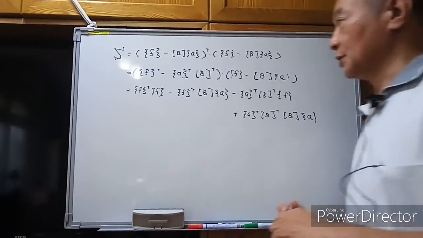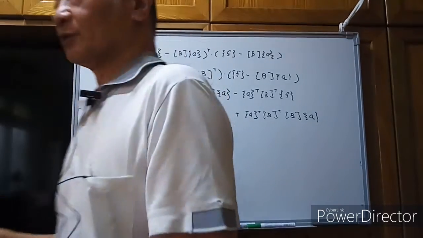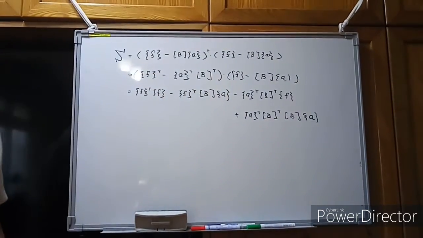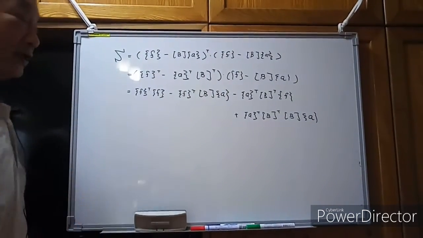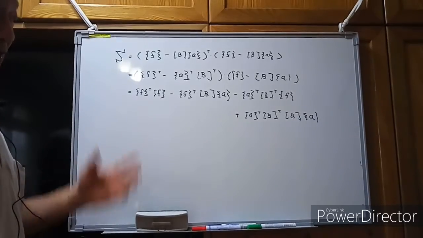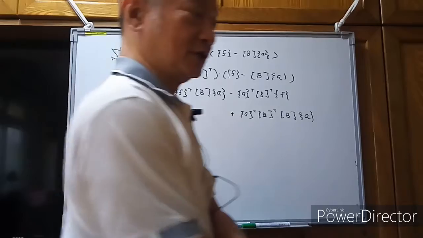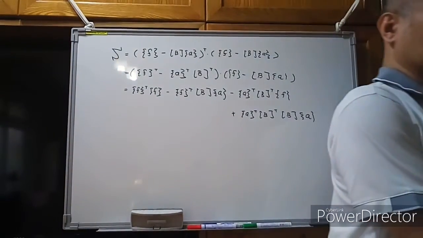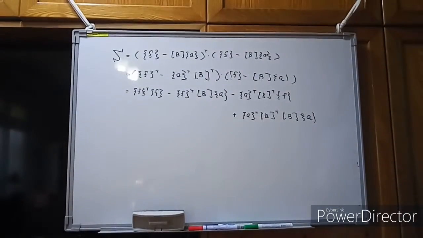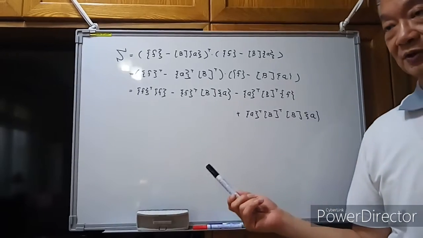Okay, but right now, if we use the matrix form to calculate the capital S, usually we will not take the partial derivatives for all the unknowns A0, A1 until AN.